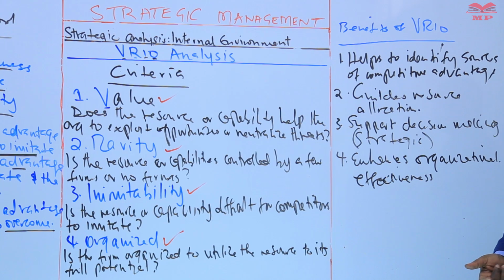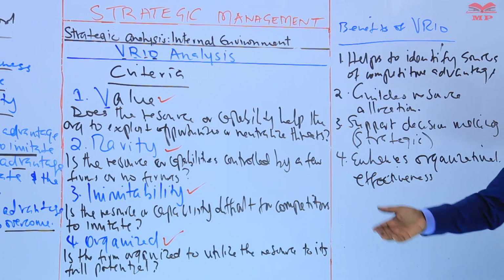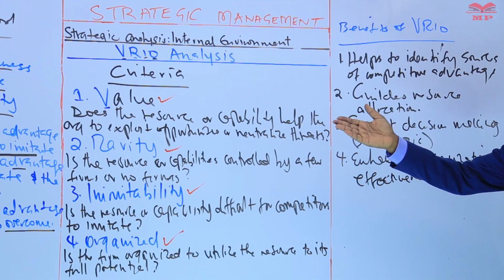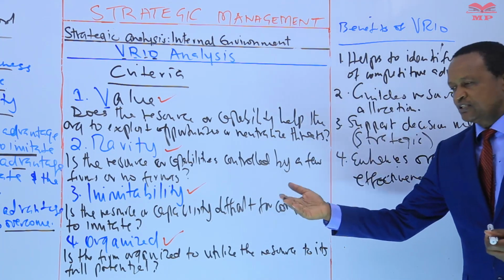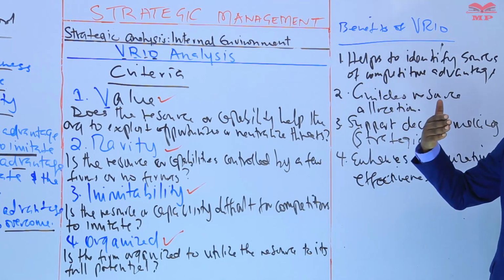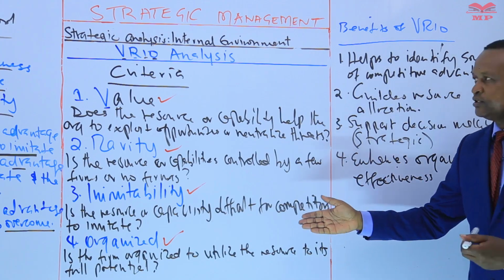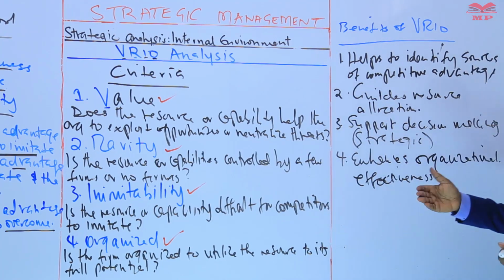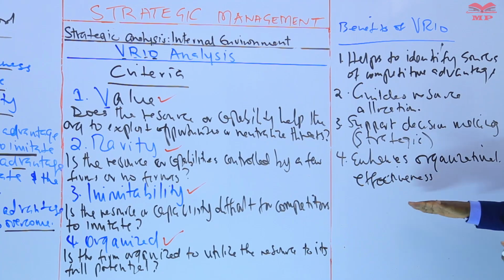You can recall, in the first criterion, we said that if a resource is considered a weakness, then that resource should be done away with, or it should be improved so that it is valuable. So it helps in enhancing organizational effectiveness.